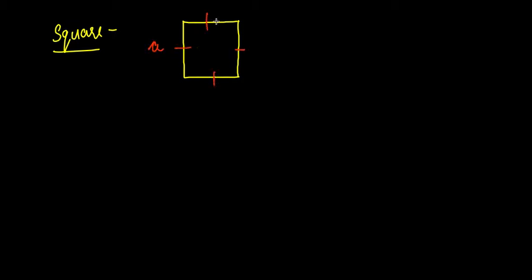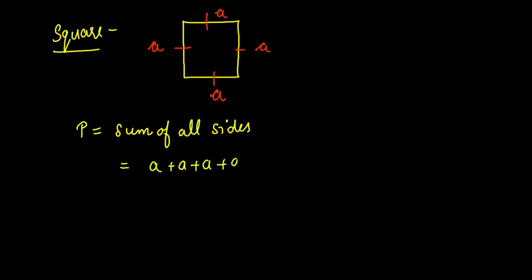If I take it as A, it means all sides of the square will be A. Now I want to write the area and perimeter of the square. Perimeter, we have just discussed, is the sum of all sides. So A plus A plus A plus A gives perimeter equals 4A. So we can conclude the perimeter of a square is 4 into side. This is your first formula.